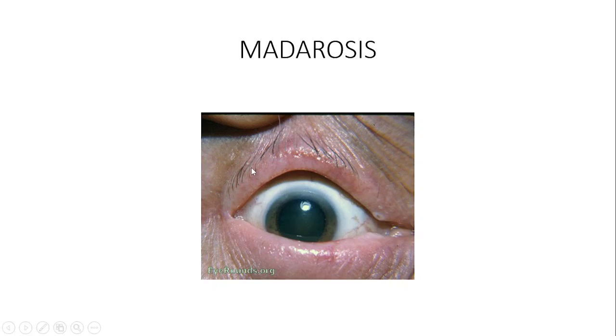What does madarosis mean? It means reduced quantity of eyelashes, or even absent eyelashes, is called what? Madarosis. As I said initially, each of these has diseases that we can mention, that when you see madarosis, you think of disease A, B, C, D. But that is not the purpose of this lecture today.